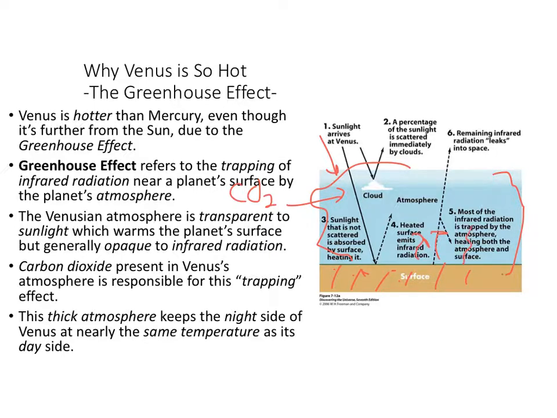It emits thermal radiation. The thing about CO2 is it blocks outgoing heat. It interacts with that outgoing thermal energy. So the light comes in, and the heat can't get out. Similar to on Earth.